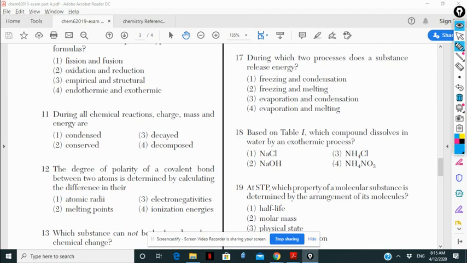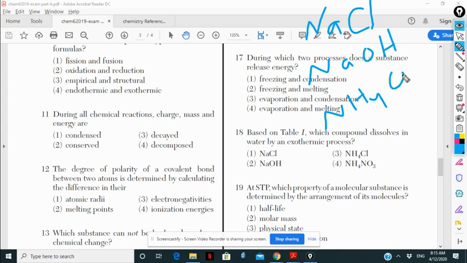Question number 18. Based on Table I, which compound is dissolved in water by an exothermic process? Let me write them down first: sodium chloride, sodium hydroxide, ammonium chloride, ammonium nitrate.